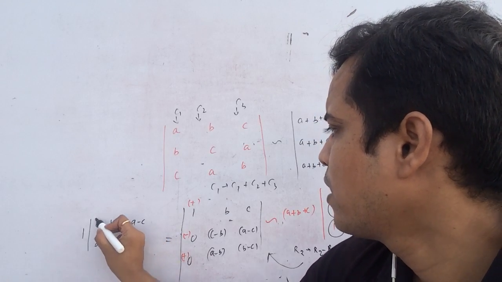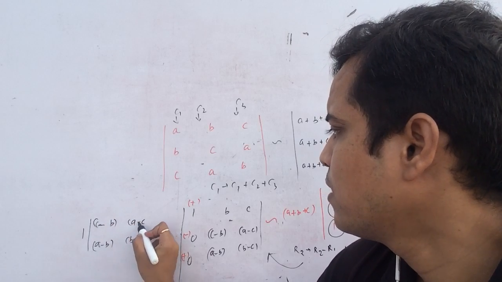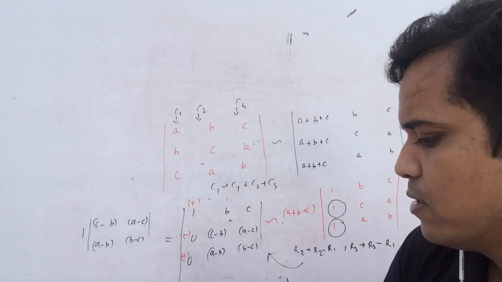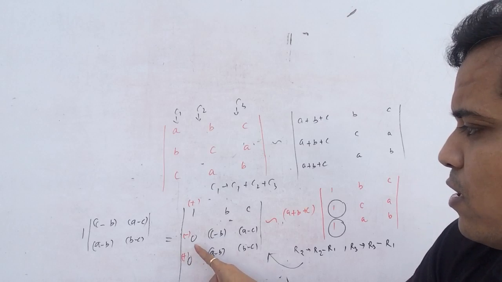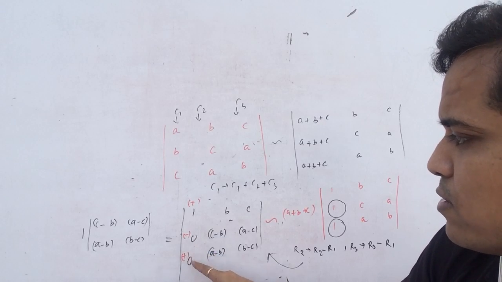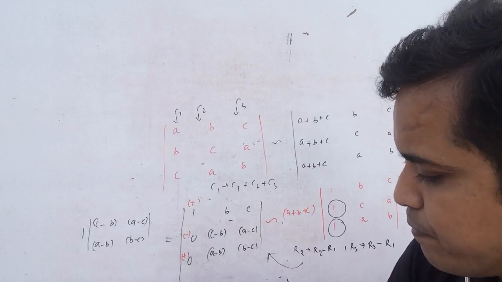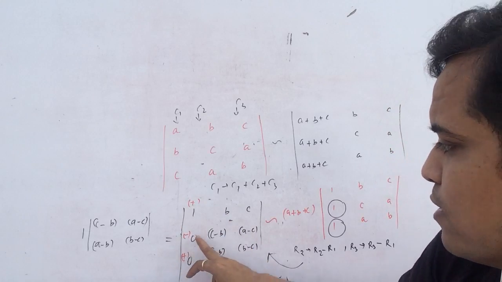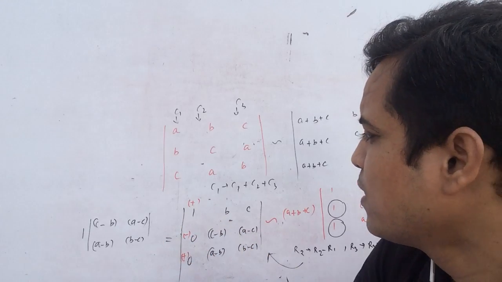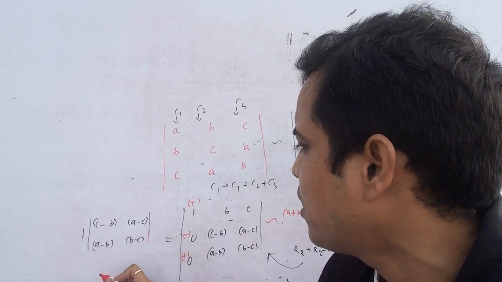I am not including the elements 0 and 0 here, because when you expand through them, we'll ultimately get 0. So you can write minus 0, but ultimately you'll get 0. So my answer is only this.